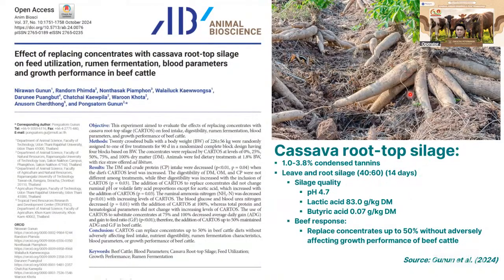They made the silage using 40% root and 60% leaf, fermented for 14 days, and the results demonstrate that the quality was quite good when checked for silage quality and beef response. They demonstrate that this product can replace concentrate up to 50% without adversely affecting beef performance.